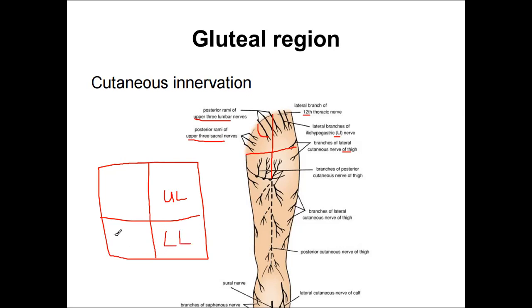Then we have a lower medial quadrant, which is supplied by the posterior cutaneous nerve of the thigh. Then we have an upper medial quadrant, which is supplied by the posterior rami of L1 to L3, S1 to S3. All right.